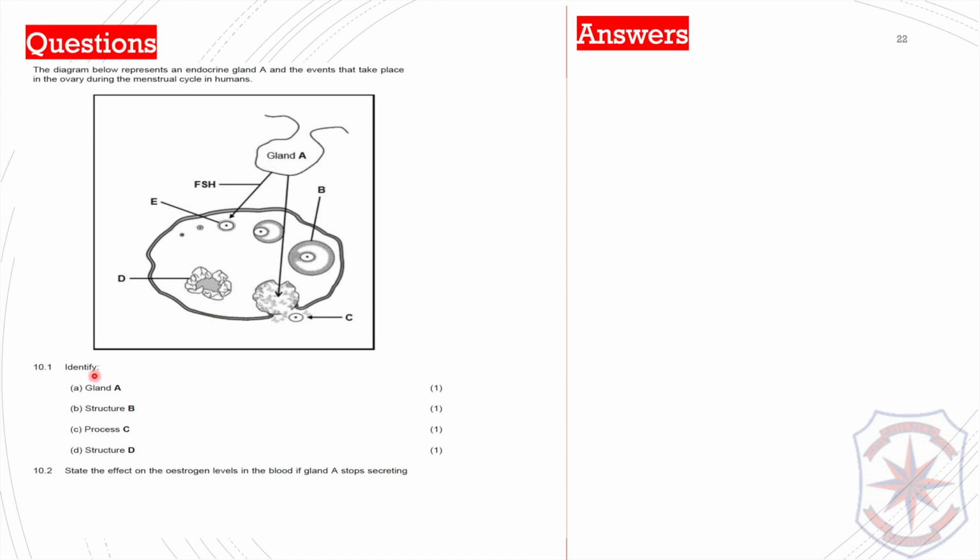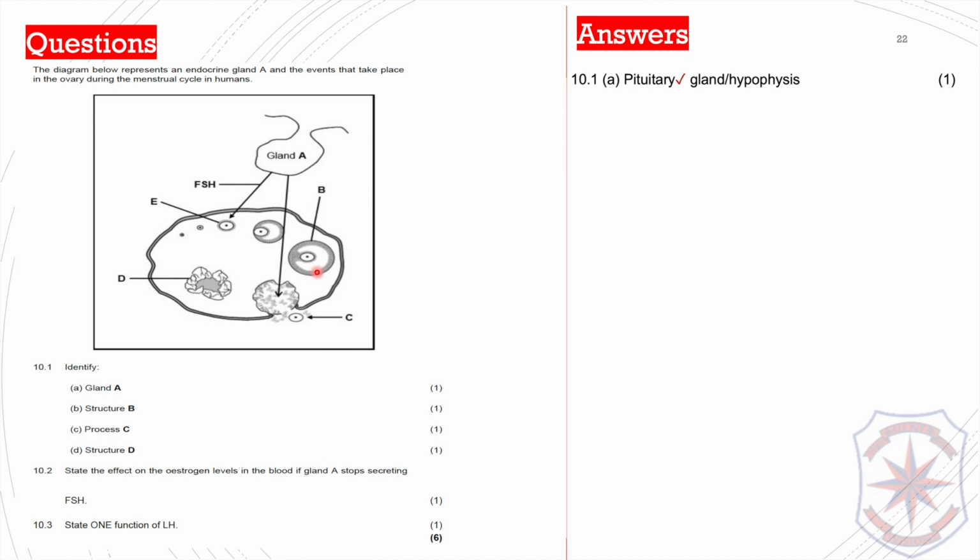Okay, let's look at the questions. Of course, identify gland A. Gland A, which secretes FSH, will be the pituitary gland. The pituitary gland is also known as the hypophysis. Structure B. Structure B, there it is.